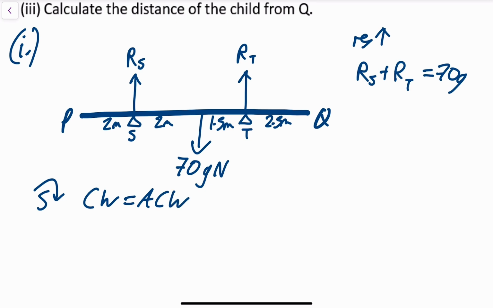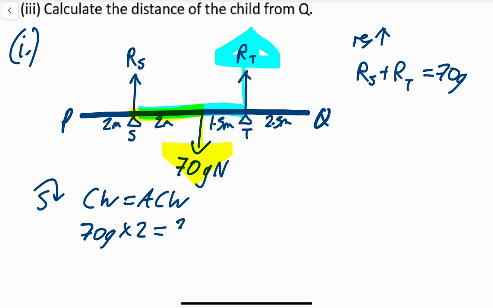So clockwise, I have this force going clockwise, so that would be 70G times 2, and anti-clockwise I would have this force, which is going to be 3.5 times RT, the reaction at T. So if we just divide across, we have our 70 times 9.8 times 2, which gives me 1,372, and then I'll divide that by 3.5.